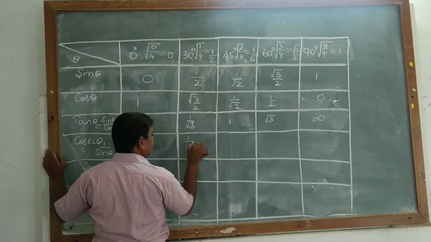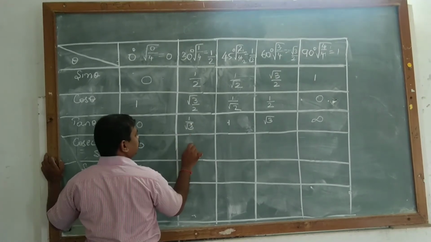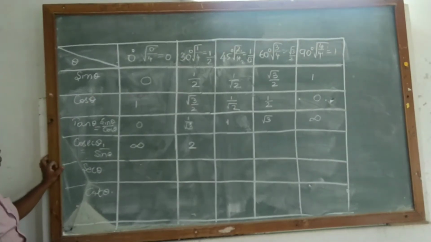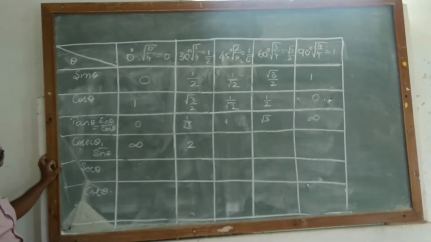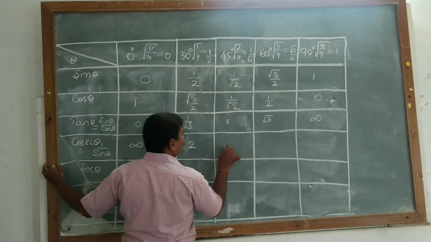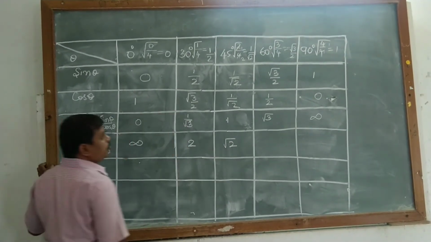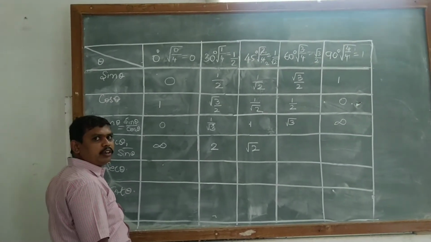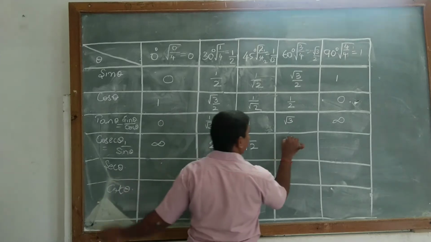That means you are going to get the value as 2. Next, 1 by 1 by root 2 is nothing but root 2. Next, 1 by root 3 by 2 is what, students? 2 by root 3.